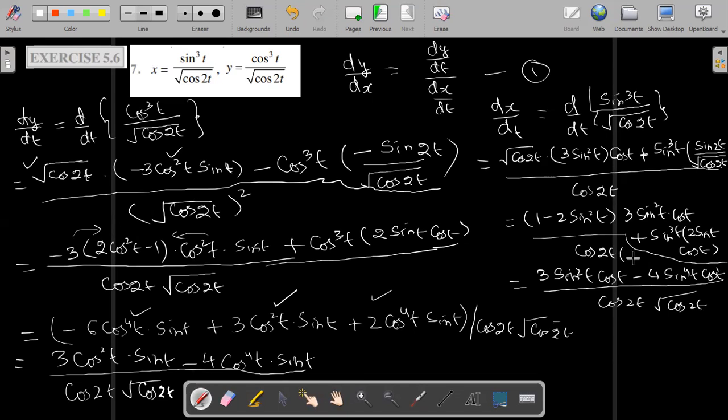Here also the root will come because we have taken the LCM. This is your second equation and this is your third equation.